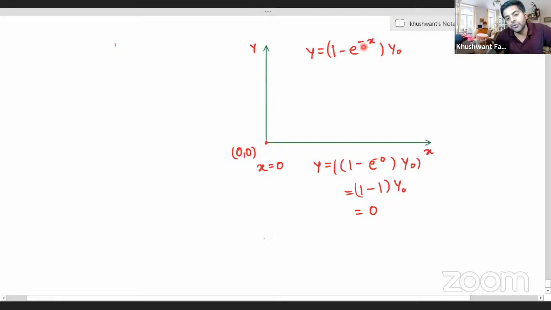Over to you, Aliza. At x is equal to infinity, tell me, what will be y? So y will be 1 minus e power minus infinity into y naught.